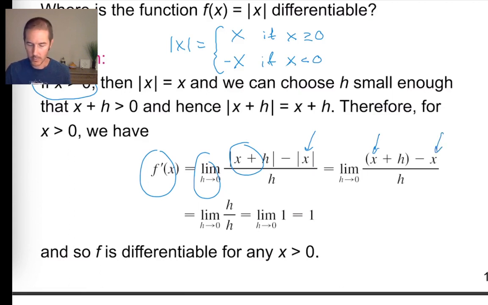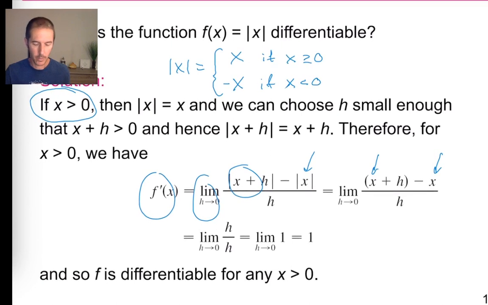We let go of those absolute value bars, and then we finish evaluating the limit, and we find that if our x value is greater than 0, then the first derivative is equal to 1. For which x values is my slope of my tangent line going to equal 1? For all of the x values greater than 0.